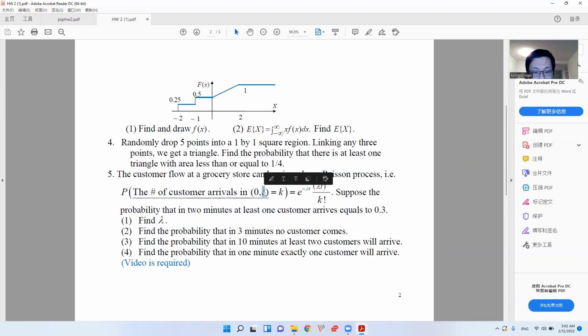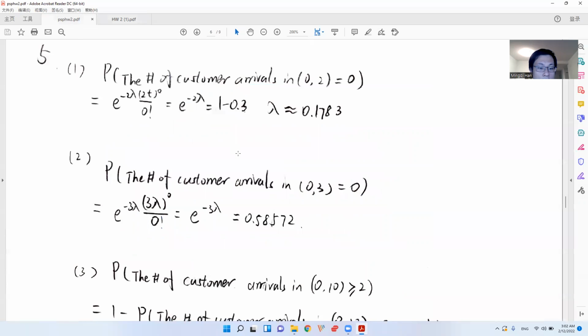This t will also be the same t over here, and at least one customer arrives will be k here. That's all the variables that we need to figure out what lambda is, because the other side of the equation, 0.3, is already given here.